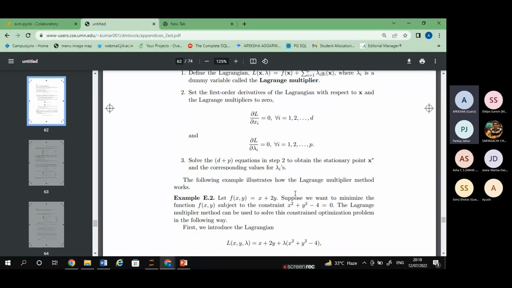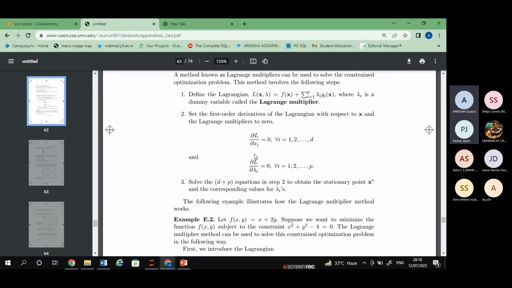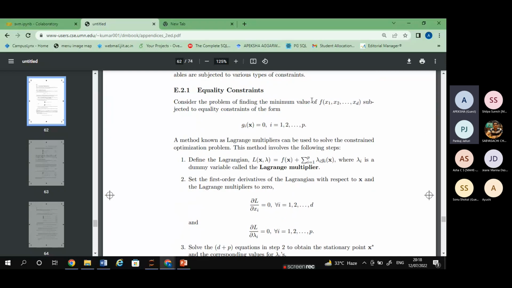Then once you do it, find the value of x and the value of lambda. This is the simplest method. And why are you doing this? You just want to minimize this function. Minimize this function means find the value of x that has the minimum value for this function.